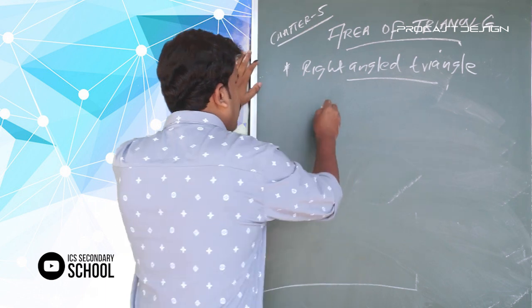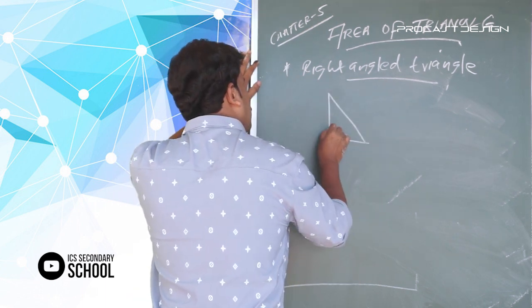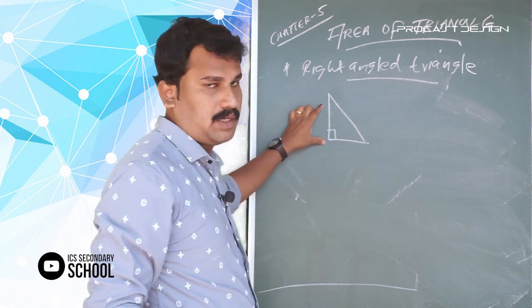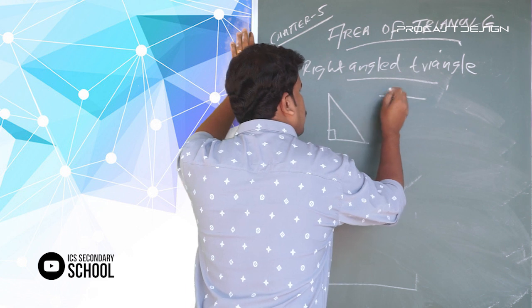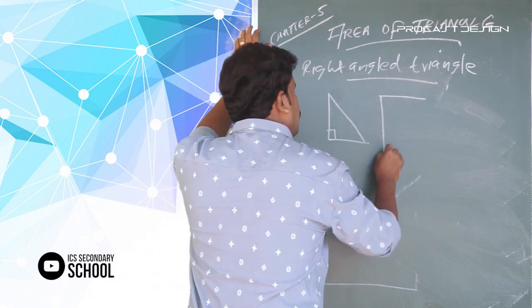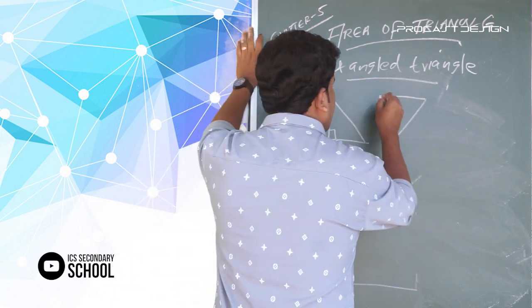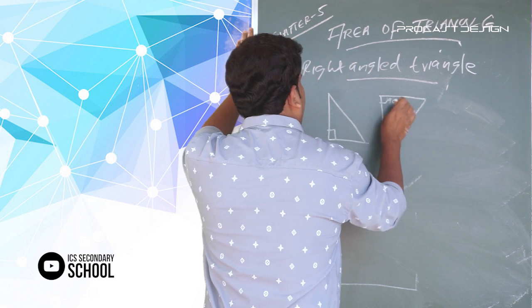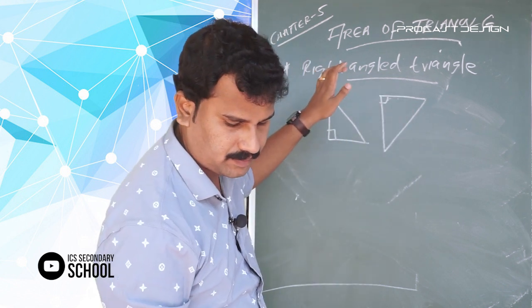For example, this has a right angle of 90 degrees. This is a right angle triangle. Then next, this is also a right angle triangle. Next.